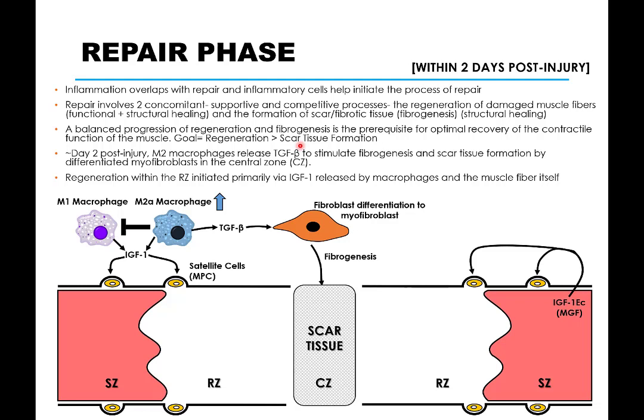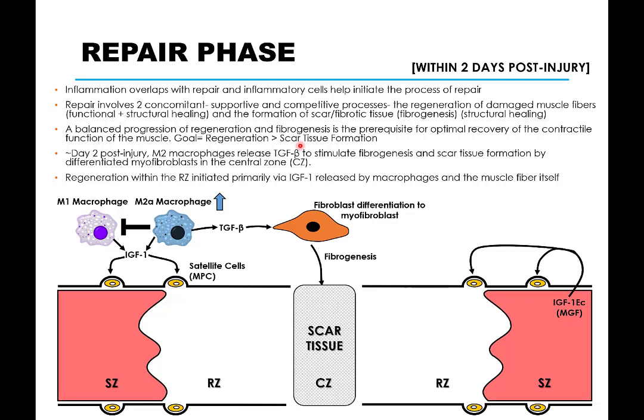Okay, so now that we understand the basis of repair and the two healing processes within the repair phase, let's discuss the mechanism by which regeneration and scar tissue formation are initiated. So, first of all, as we know, the prior phase involved inflammation and the recruitment of inflammatory cells such as macrophages.